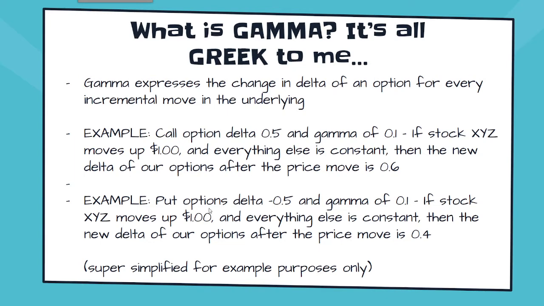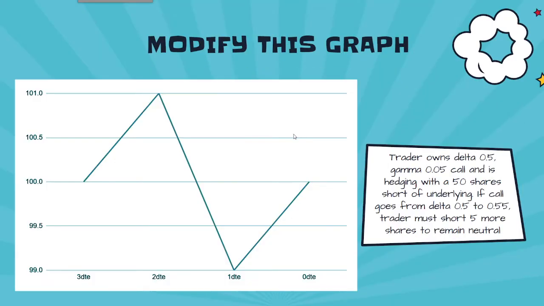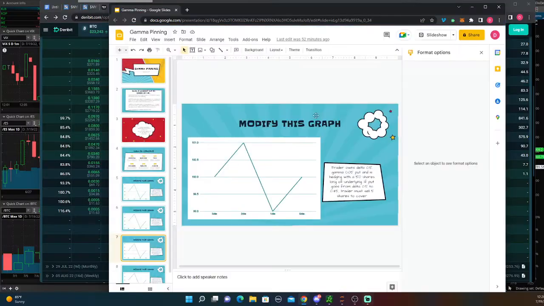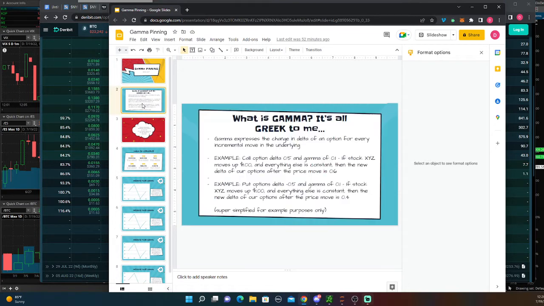Now, same thing with the same put option, delta negative 0.5 and gamma 0.1, if your stock moves down $1, then the new delta would be negative 0.6. Actually, that should say negative 0.4 if it moves up. Hold on, let me change that.